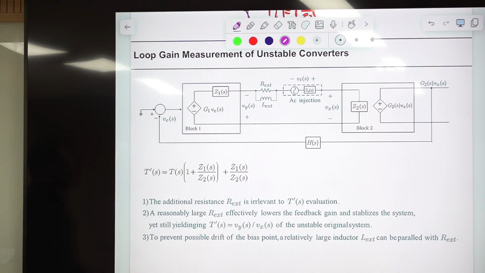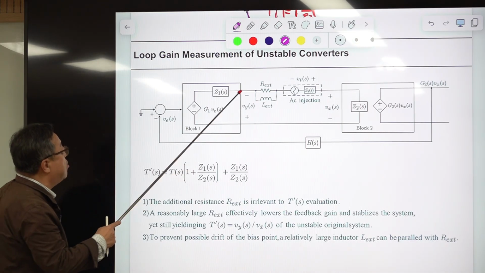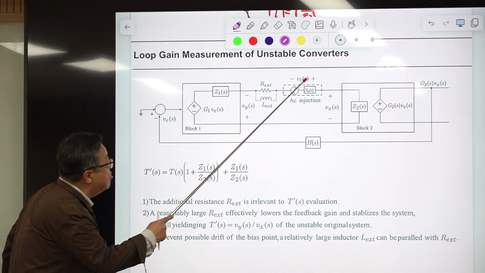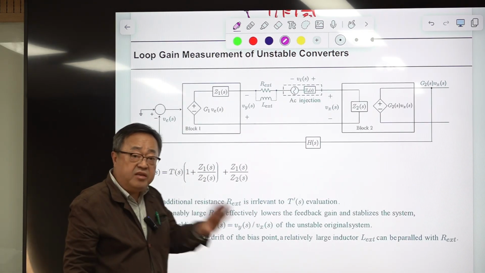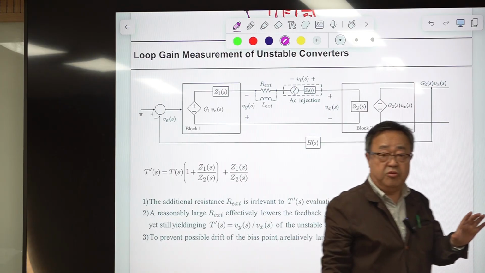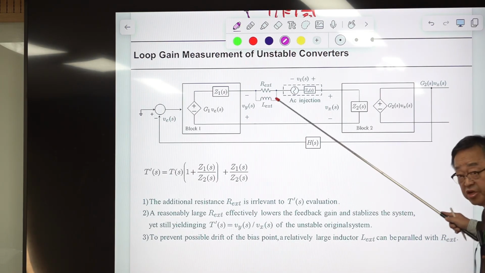But if you use too large an Rext here, then the DC information will be excessively attenuated and the bias point will be perturbed. To avoid that, you may add a very large inductance here.